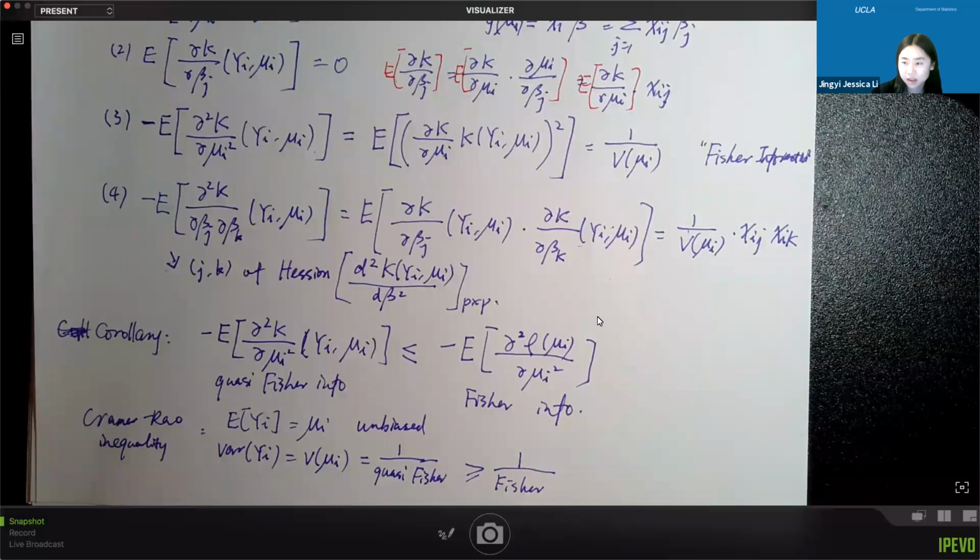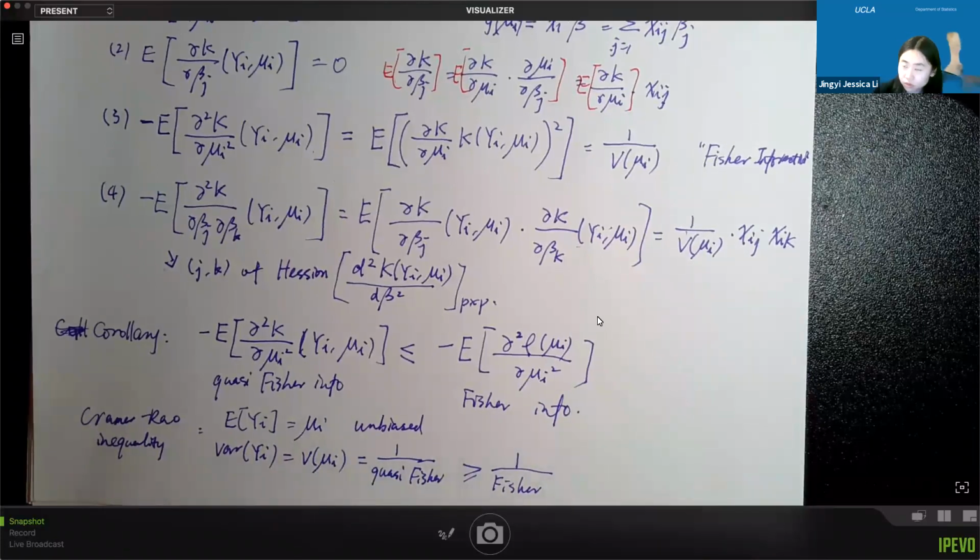And it also makes a lot of sense because quasi likelihood is something we just proposed for easiness, for simplicity, but it is not the actual log likelihood. So the best you can do is to have the quasi likelihood equal to the log likelihood. Then this Cramer-Rao inequality actually holds, right? Because when you're using the actual log likelihood to do the inference, then we know that we have the MLE, and that's the most efficient.